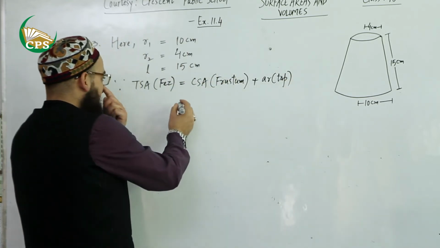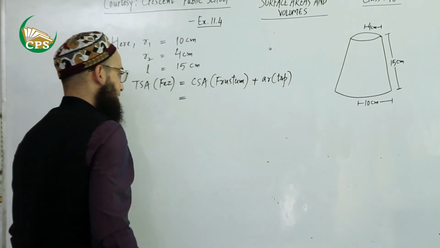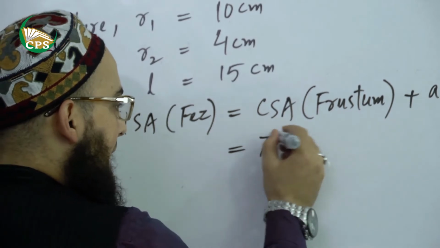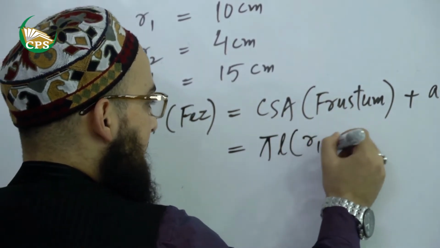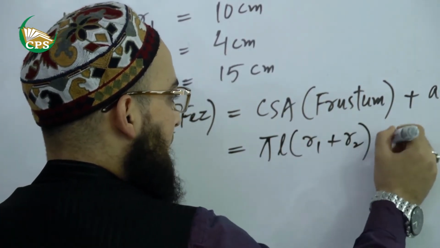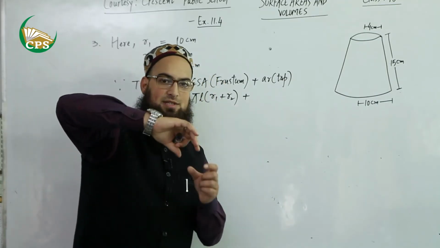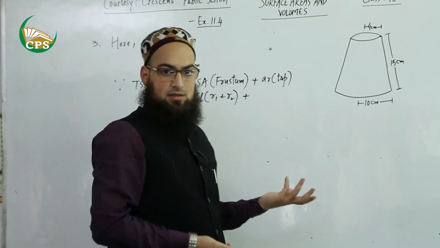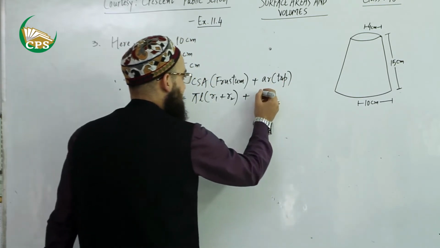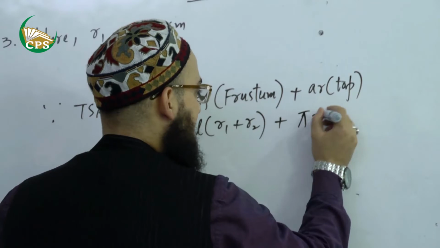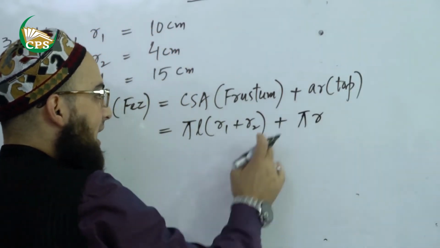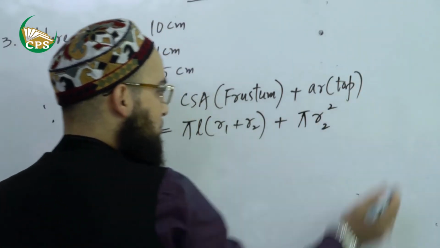Curved surface area of the frustum formula is pi L times (R1 plus R2). Then plus the area of top; the top portion of this frustum is a circular part, so that is the area of circle, pi R, but which R? R2, yes, pi R2 square.